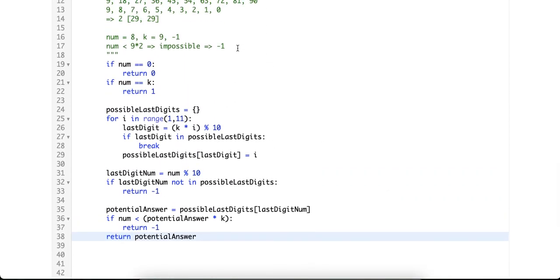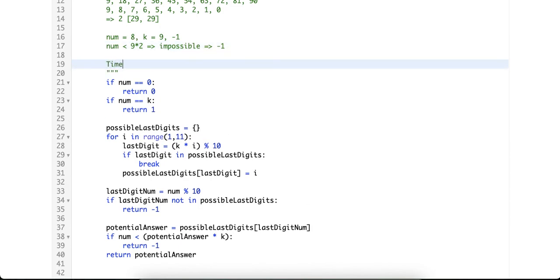And let's see about the time complexity. The time complexity, this one is big O(1), just comparison. This one is big O(11), so you can call this big O(1), big O(11), right? This is just checking, entry, assignment.